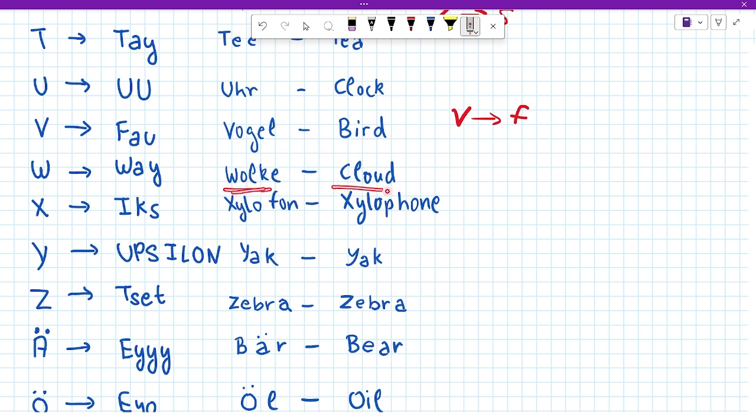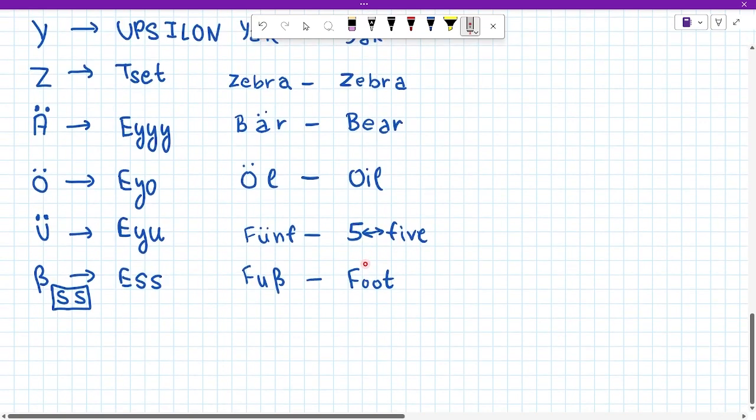Then Xylophon, similar to English xylophone. Then we have Yak, which is yak in English as well. Then we have Zebra, which is similar to English zebra, however you pronounce it. Then Bär, bear.